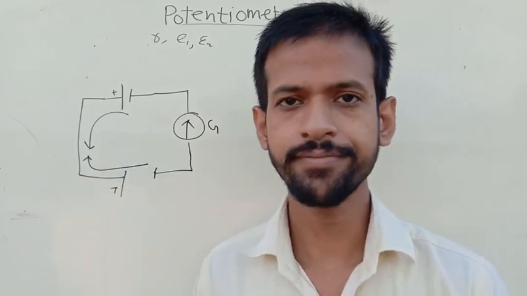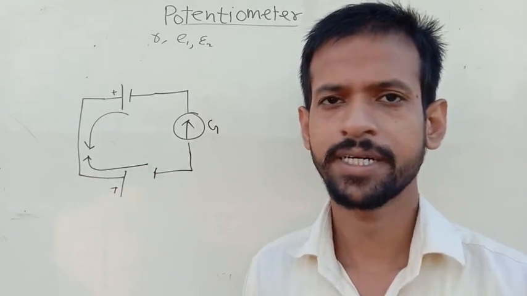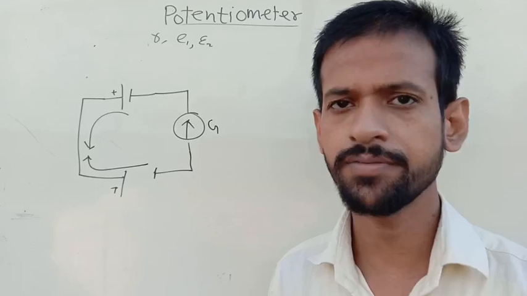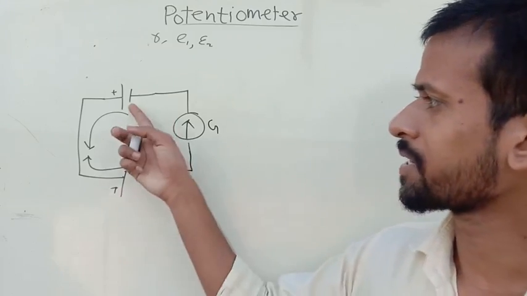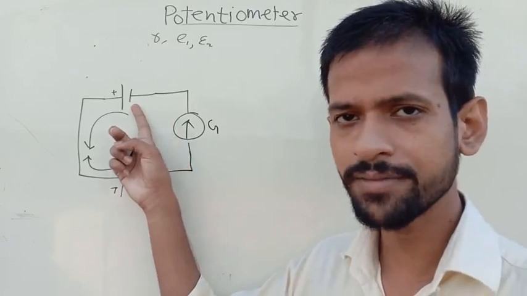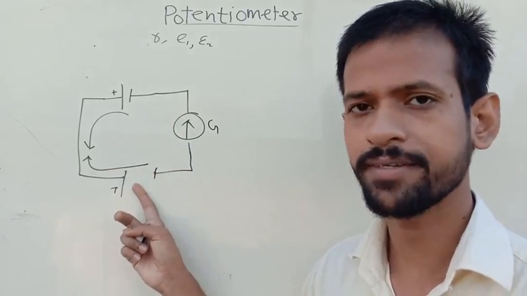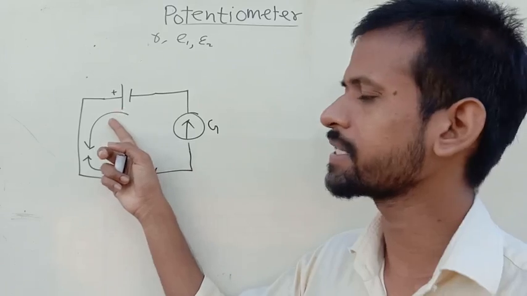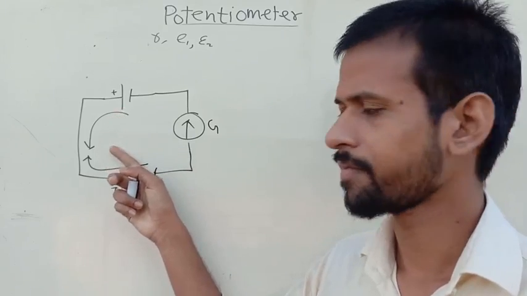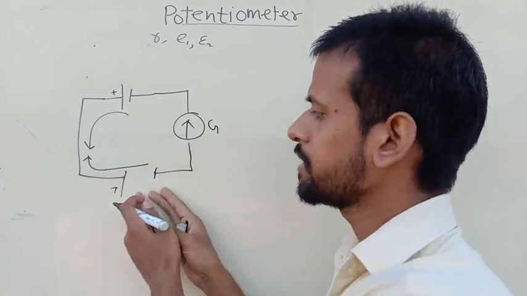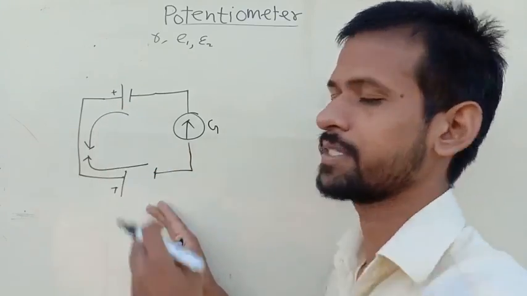Then what will be the actual direction of current? If potential is more here compared to this, then current will flow in this direction. And if potential is more here compared to this, then current will flow in this direction.